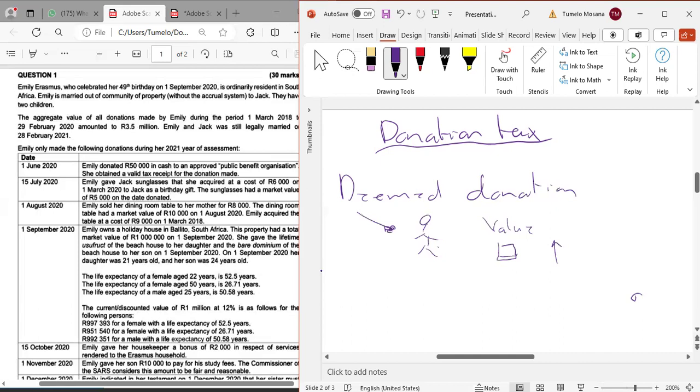Let's say this laptop is worth 10,000 and this individual is providing you with 8,000. The difference is essentially a deemed donation. So we are going to deem it a donation in terms of donations tax.